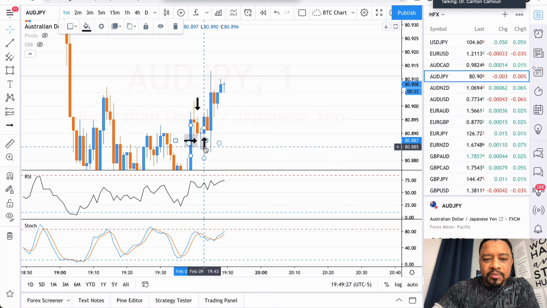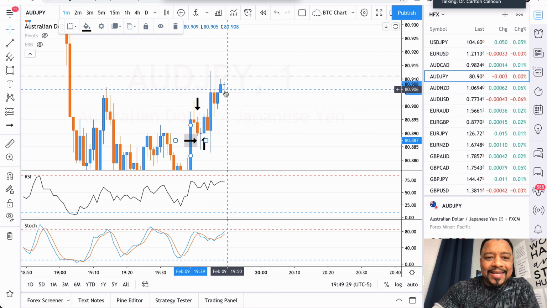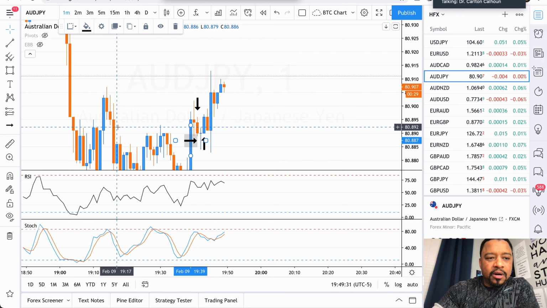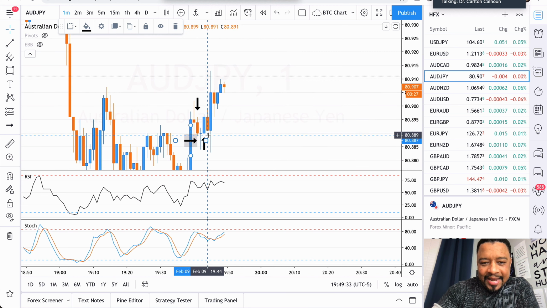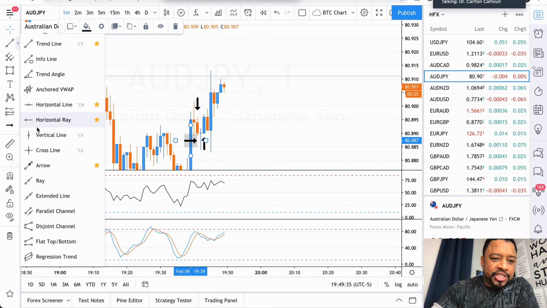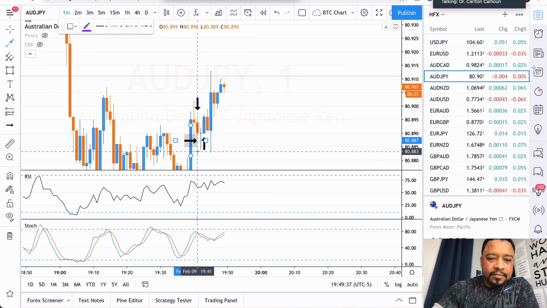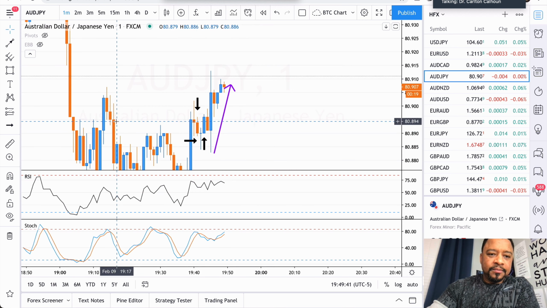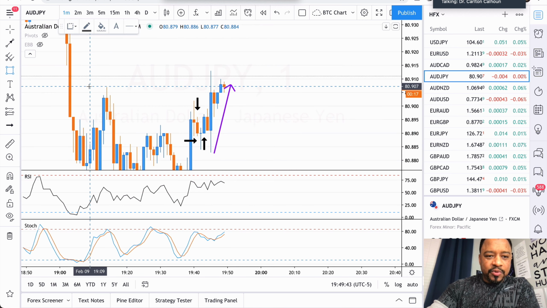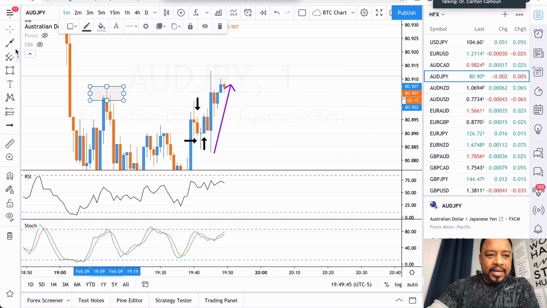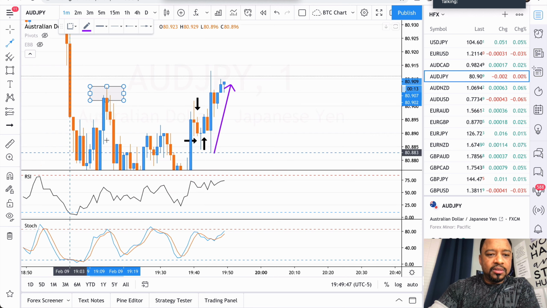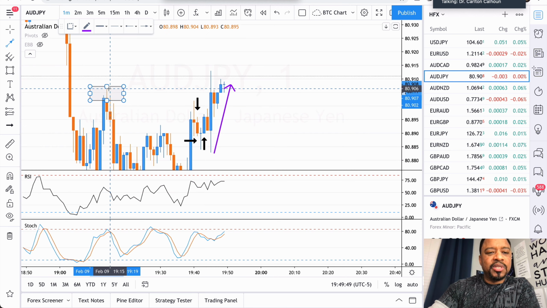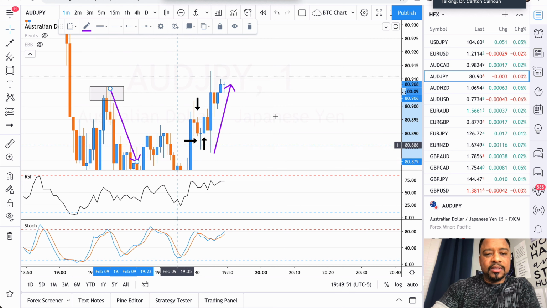If it's at the bottom, that's a morning star. If it's at the top, that's an evening star. Morning star indicates a push to the upside. As you can see, it went up. An evening star, which is right here, indicates a potential, always potential, push to the downside.